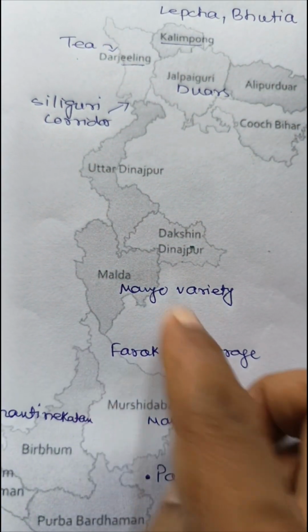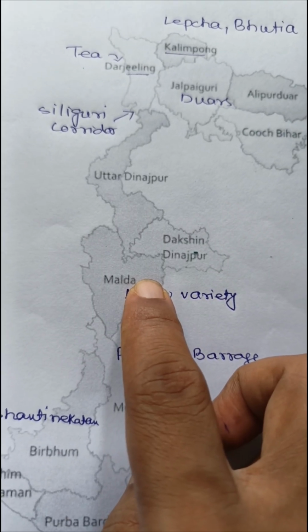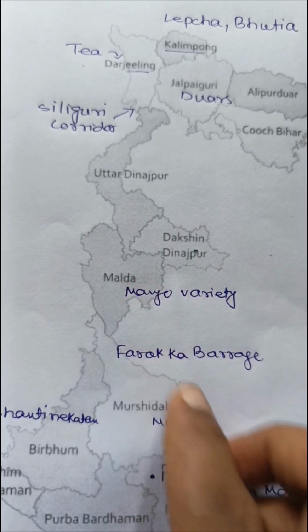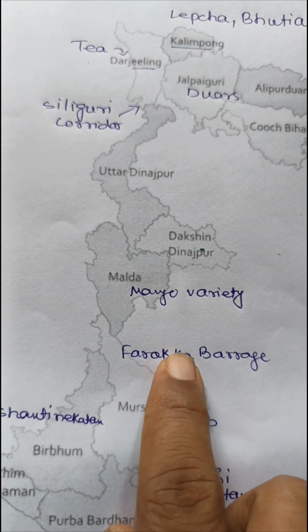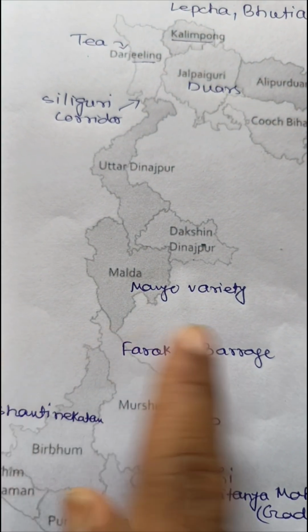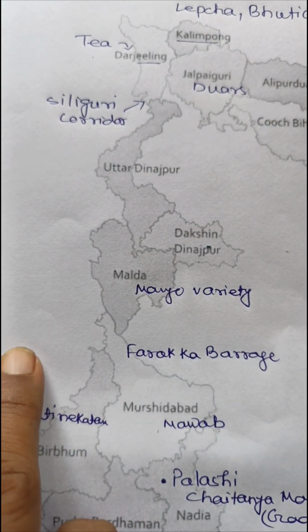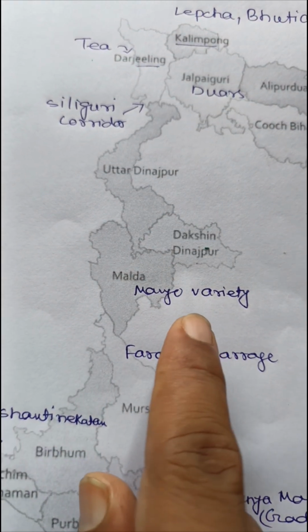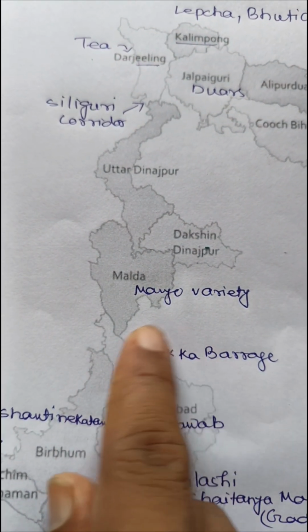This is the region where one of the first revolts, known as the Sannyasi revolt, started, along with the help of people from other regions of Bengal, which are now located in Jharkhand, Bihar, and in Bangladesh also. The Sannyasi revolt took place.